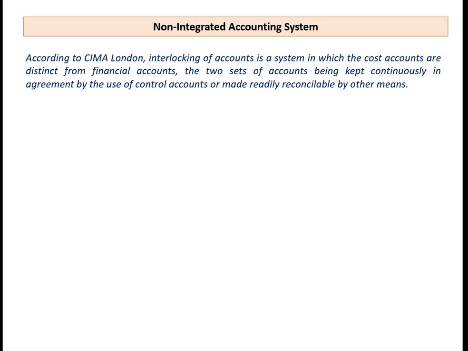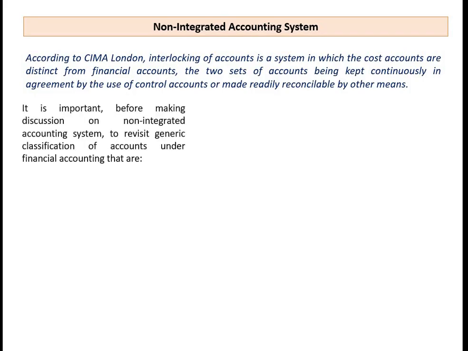So you can see the main scope of the non-integrated accounting system is defined by this definition. The first is that the two accounts are different, cost accounts and financial accounts. Number two, records are made continuously. Then third, the agreement is to be done with the help of a reconciliation statement.